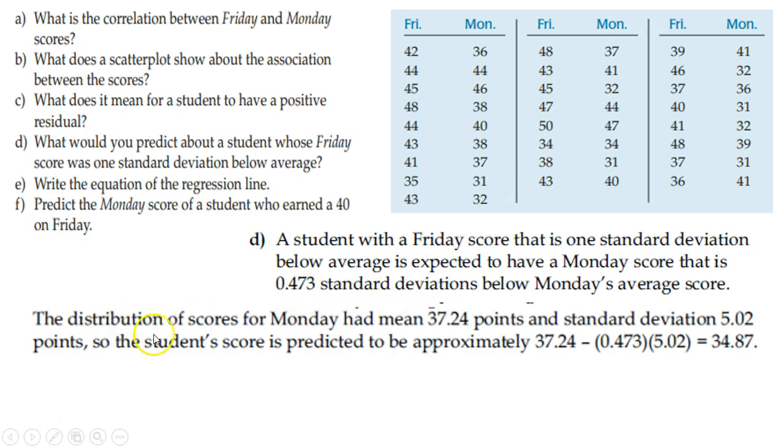Well, that's why then we said, okay, so if I take all the Monday scores and find the mean and standard deviation of that, which I did, right? So the student's score, what would the student's score be predicted to be? Well, if it's that, that's what the mean is.